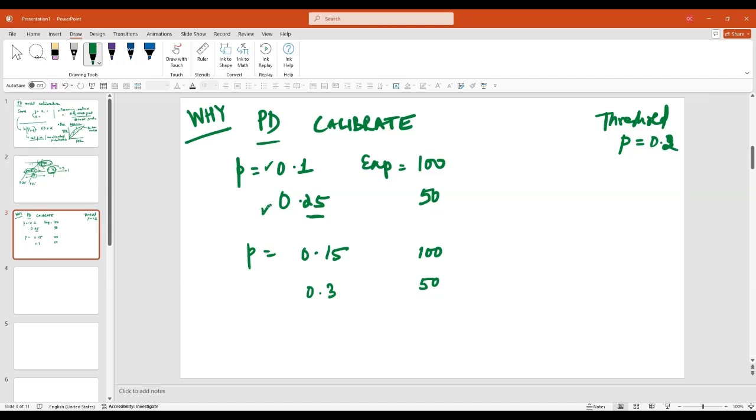Let's say the exposure was $100 and $50 here, and let's assume for simplicity the LGD, or loss given default, is 100%. So in this case, the loss that you would expect from the first case is 1 by 10 times 100, which is $10, and from the second case it will be 0.25 times 50, which is 12.5.